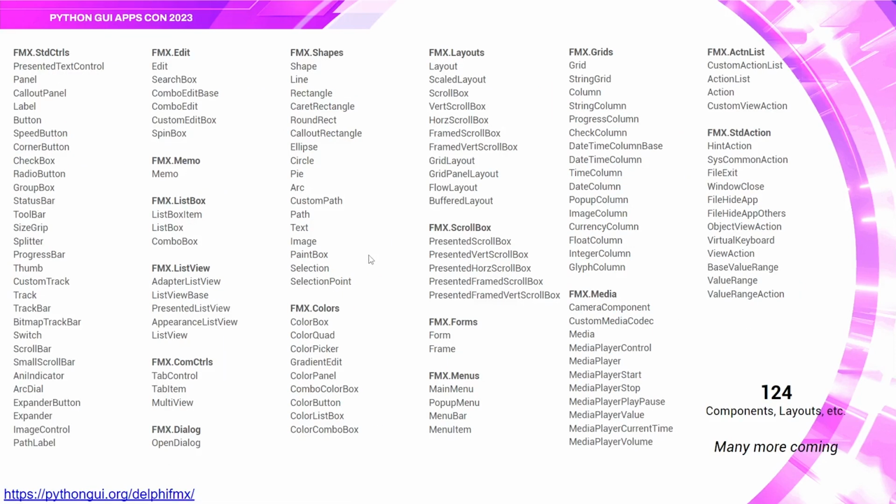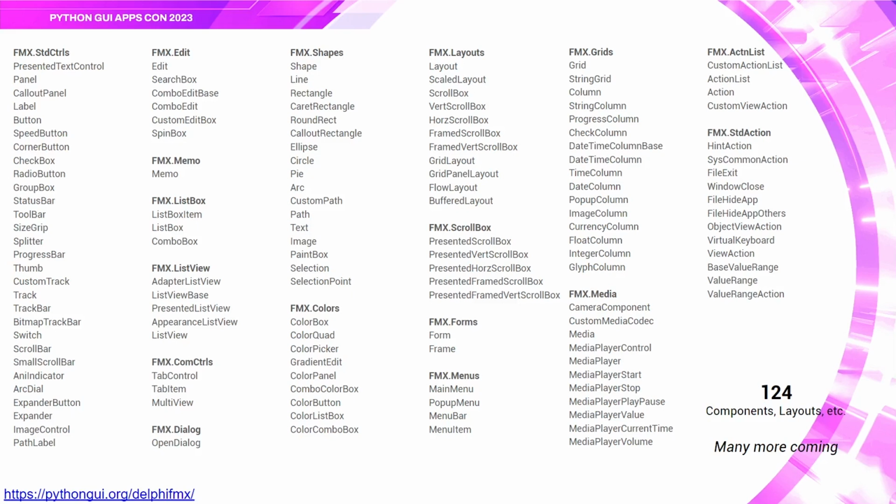And so here is all of the different components you get access to in DelphiFMX. So there's a panel, there's a callout panel, label, button, speed button, checkboxes, radio buttons, group box, status bar, toolbar, splitters, progress bars, switches, scroll bars, animated indicator.